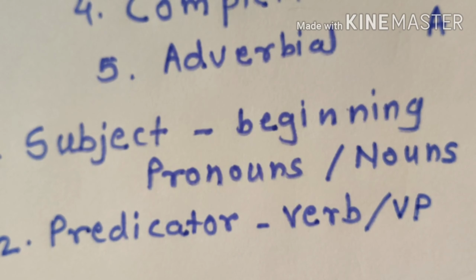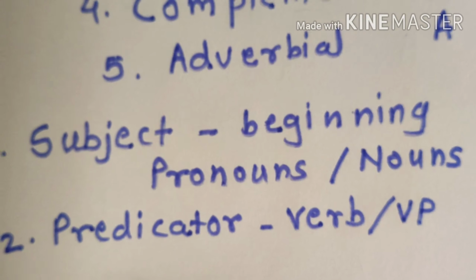That can be a verb or a verb phrase. Then a verb phrase or verb can be of 5 different types we have learnt, and also different kinds of verbs, meaning finite verbs and non-finite verbs can be there, and verbs can be majorly of 5 types.